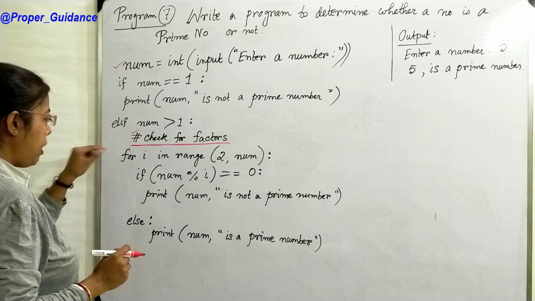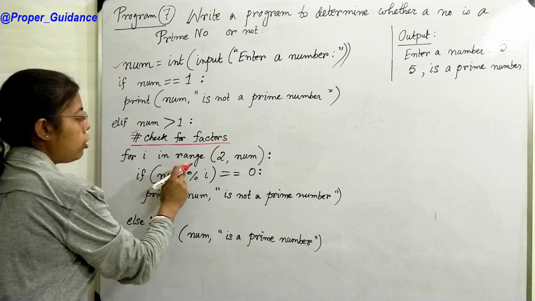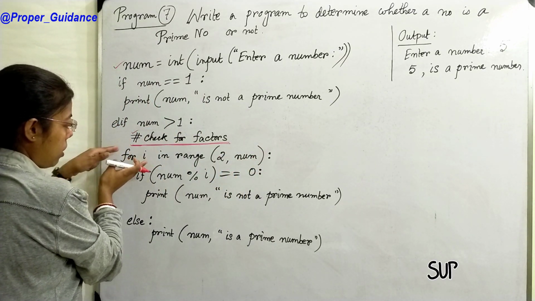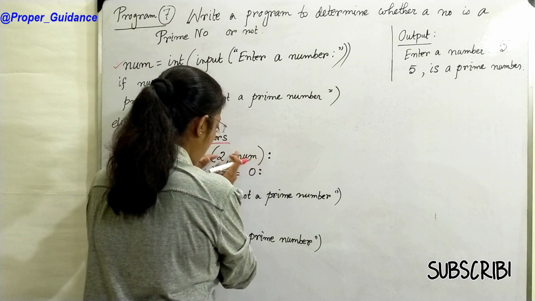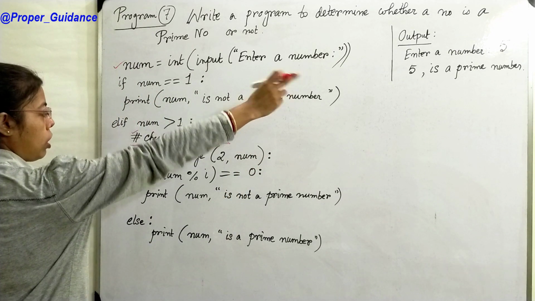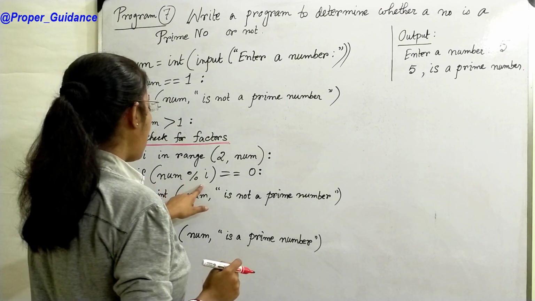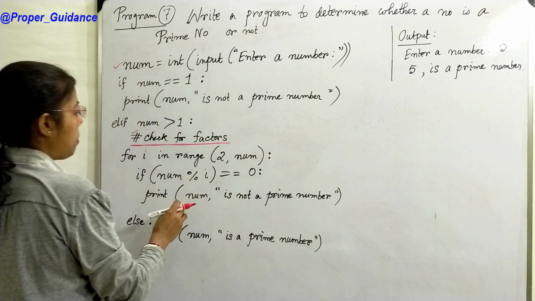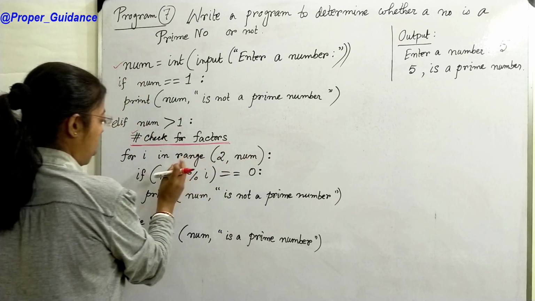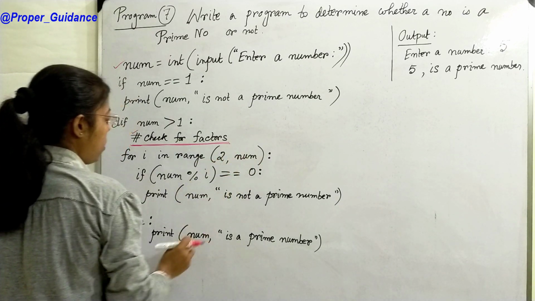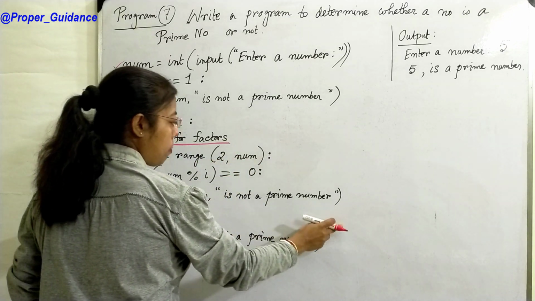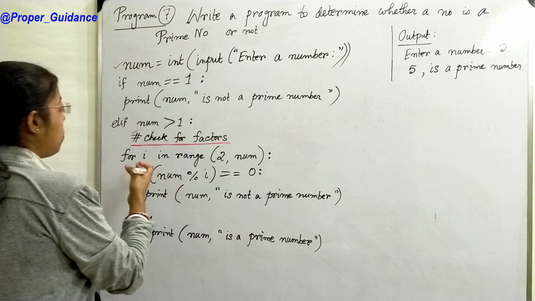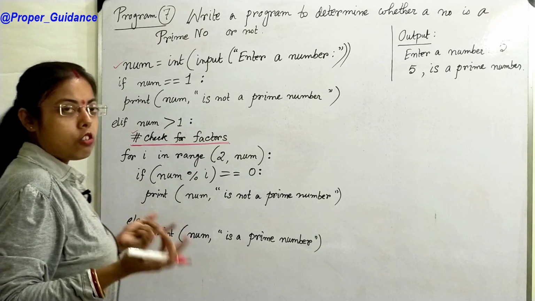Here is a for loop in elif. For i in range 2 comma num. This means the i, its range starts from 2 to num. Num means the user input. If num modulus i equals to 0, that is if num is divisible by any value of i in range 2 to num, then print num is not a prime number, because if we can get any factor for the given number, then it is not a prime number.